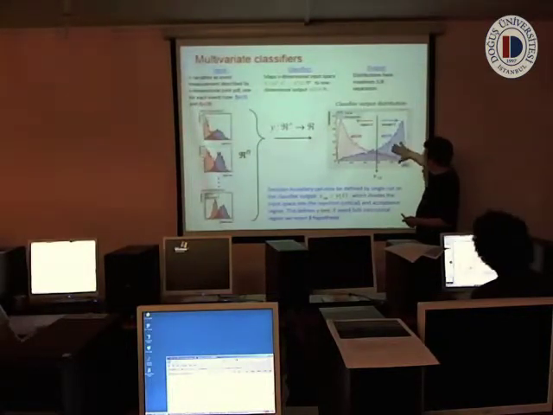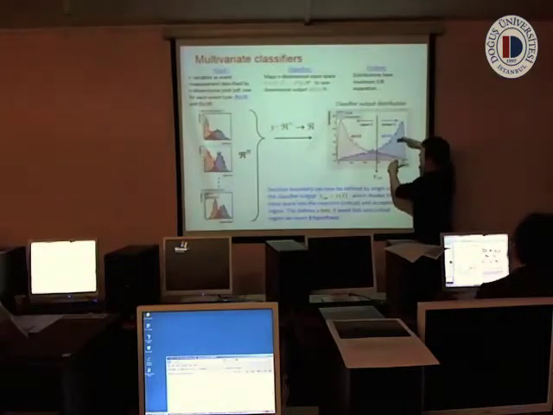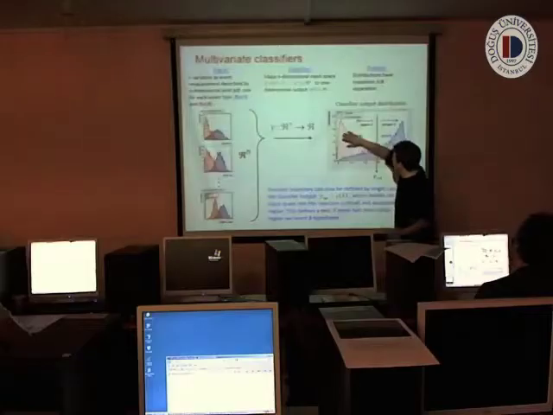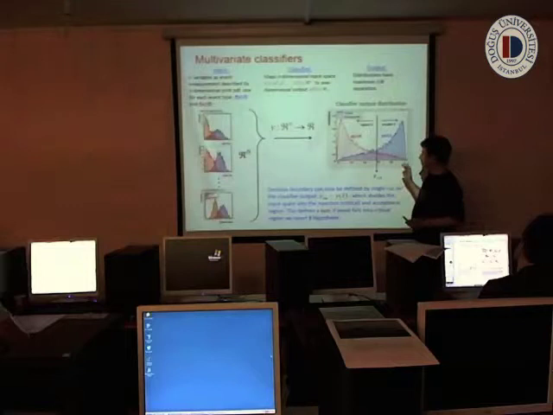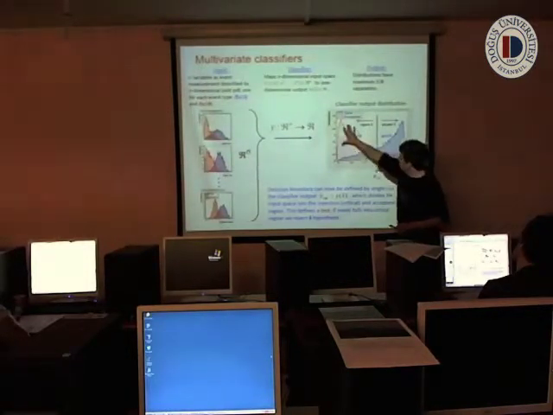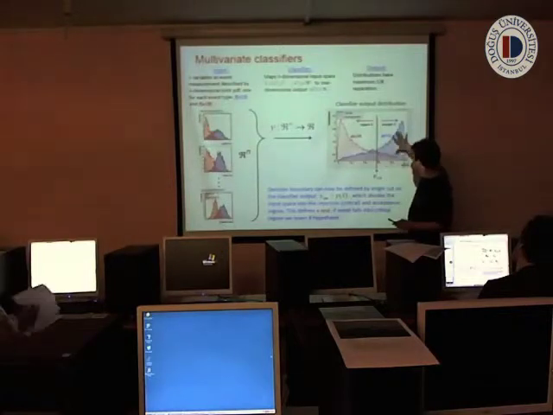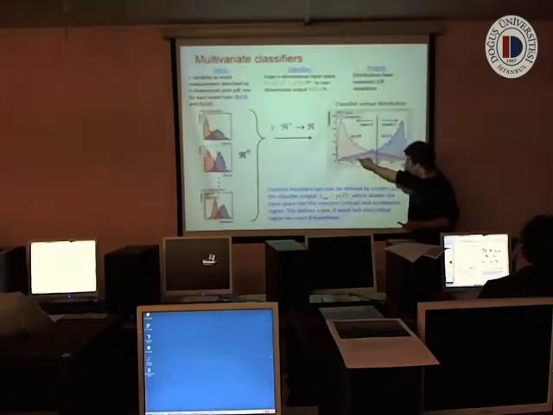But the relative normalization of the signal and the background is not important, because the background efficiency is this fraction compared to this fraction, and the signal efficiency is this fraction compared to the overall signal.